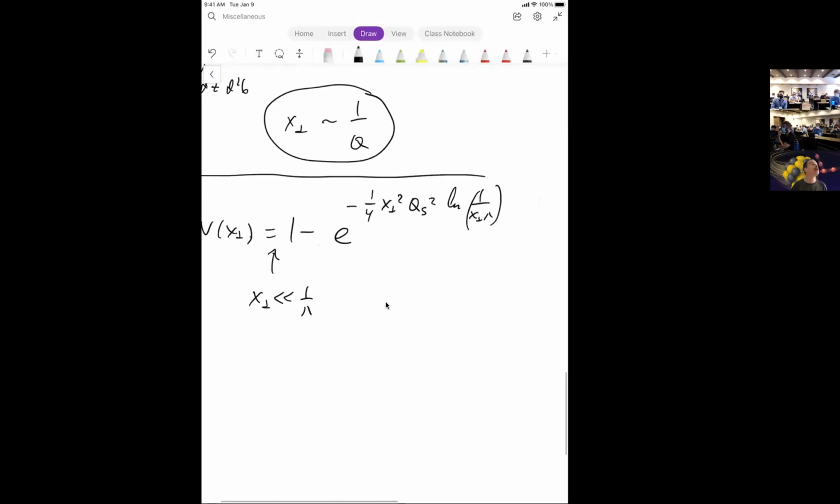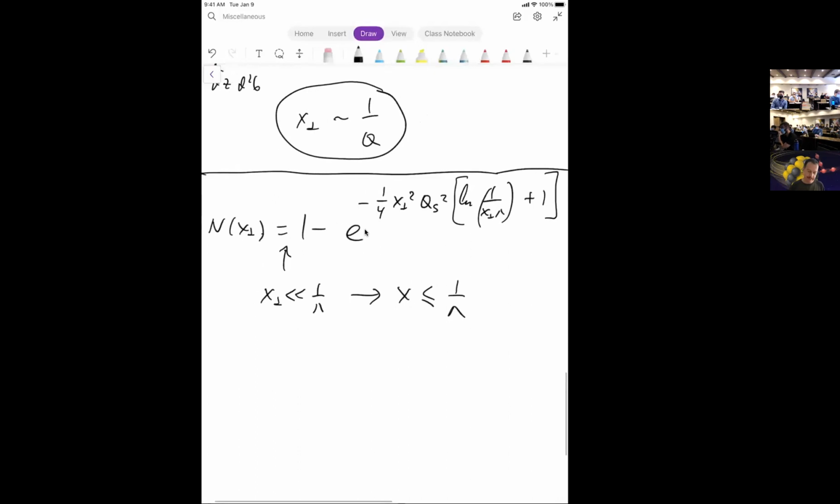If you want to extend it to x perp less than or equal to 1 over lambda, the formula becomes something like this. So when the log vanishes, you still have a 1, which doesn't let your amplitude become 0. So the 1 people usually neglect in all the talks, but when you actually do the calculation, you have to include it.